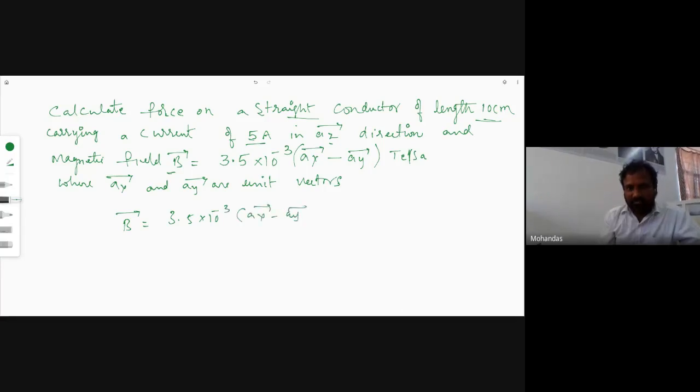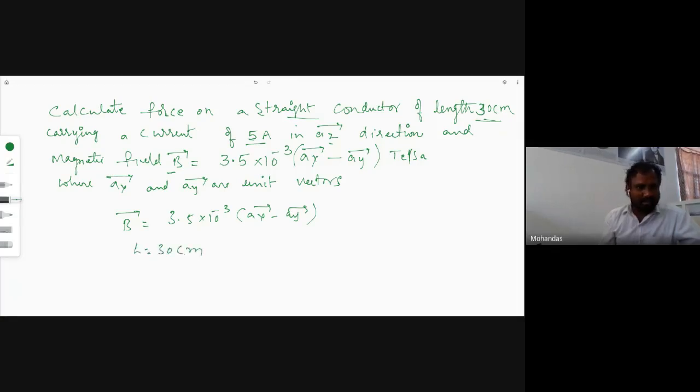Next, the length of the conductor is given. Sorry, not clear. Not 10 centimeters, 30 centimeters. So length L equal to 30 centimeters. The length of the straight conductor is 30 centimeters.